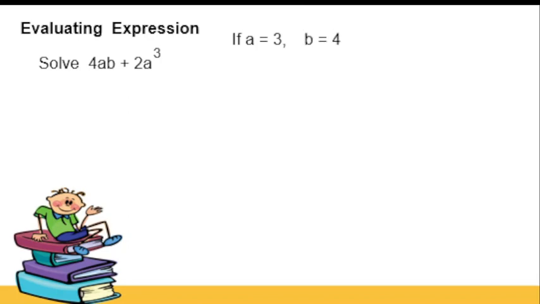Again, we have to substitute the values of a and b into the expression. So you have 4 multiplied by the value of a, which is 3, and the value of b, which is 4, plus 2 times the value of a, which is 3, raised to the third power.